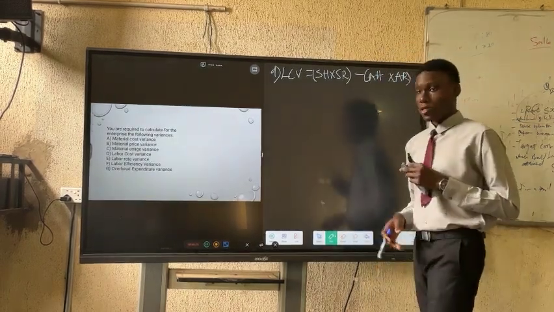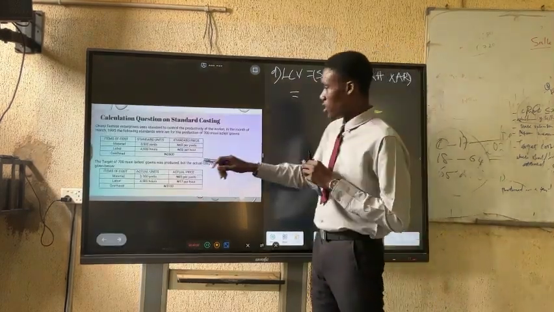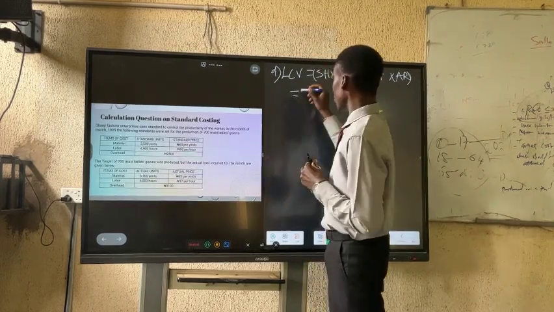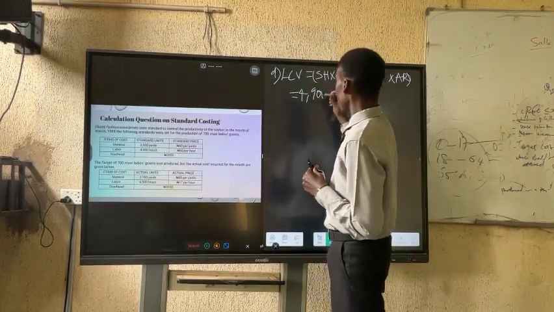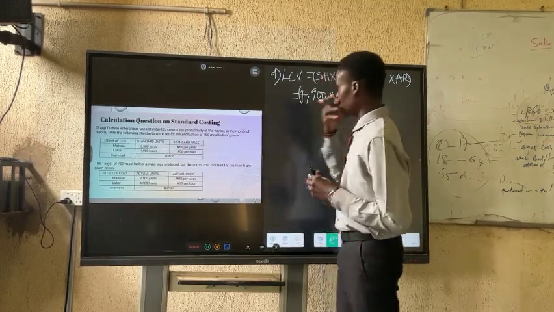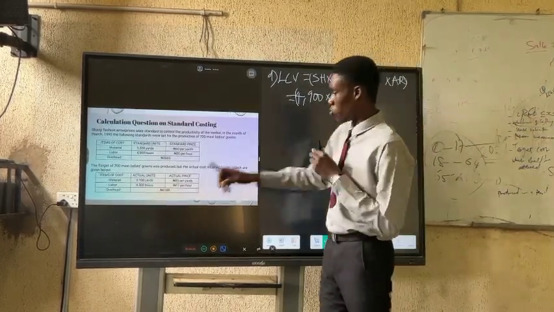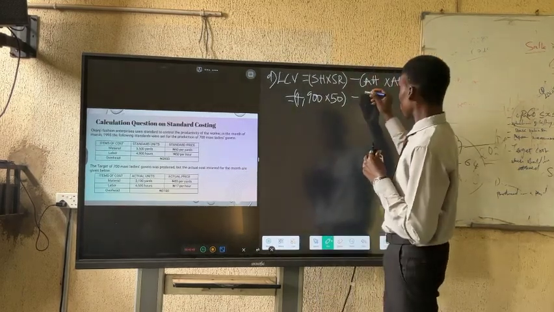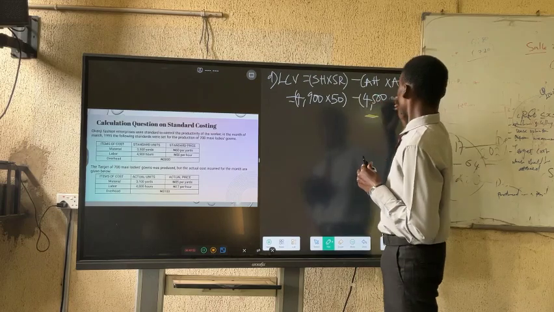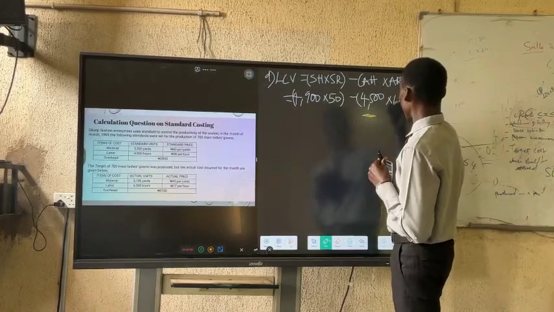So our standard hour for labor is 4,900 hours, times our standard rate of 15 naira per hour, minus our actual hour of 4,500 hours times our actual rate of 17 naira per hour.